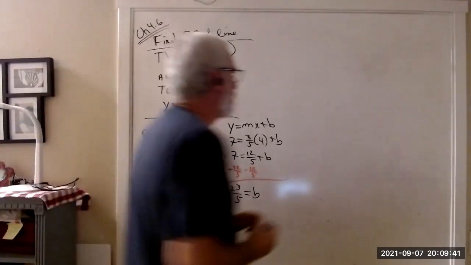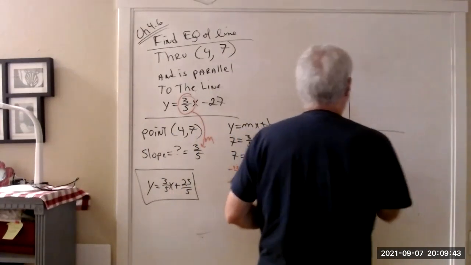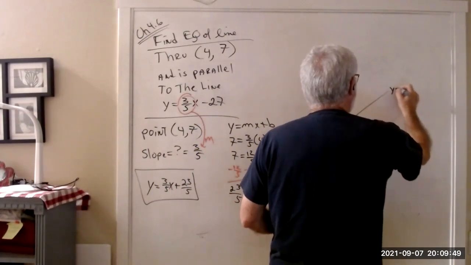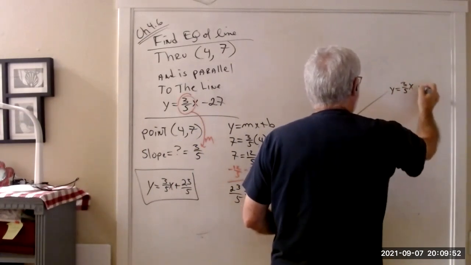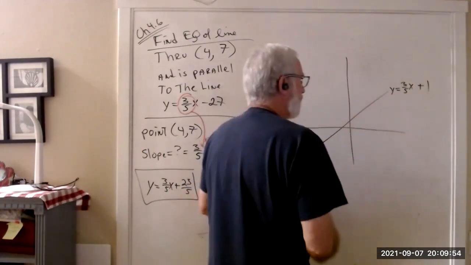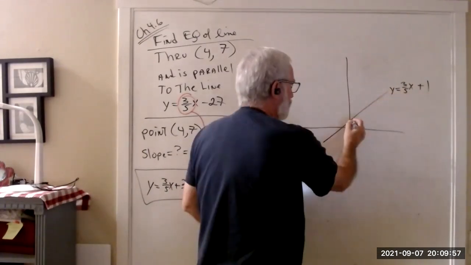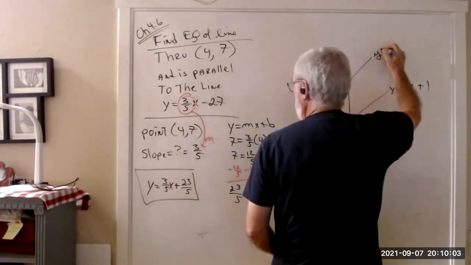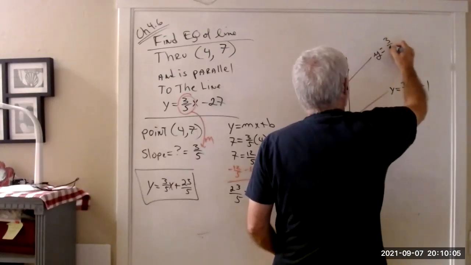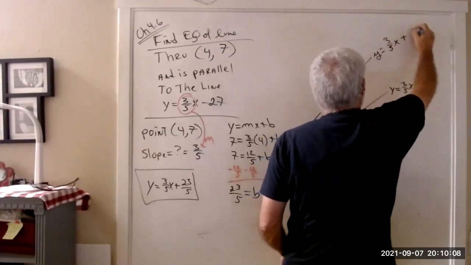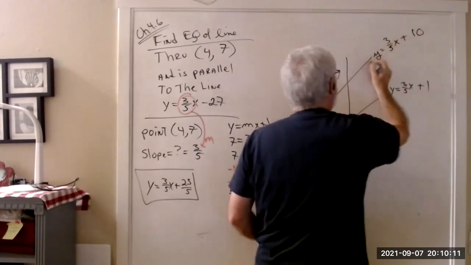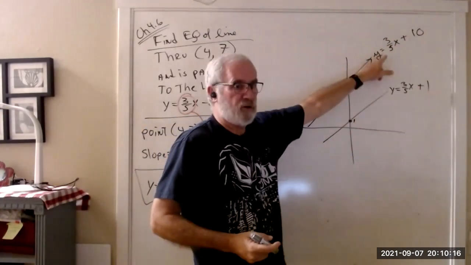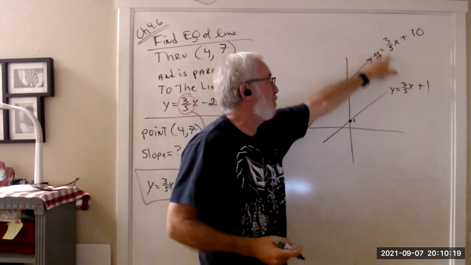Let's look at it another way. This could be y = 3/5 x + 1. The slope is 3/5. This is 1. This could be y = 3/5 x + 10. Again, the slopes are 3/5, because the slopes are the same.